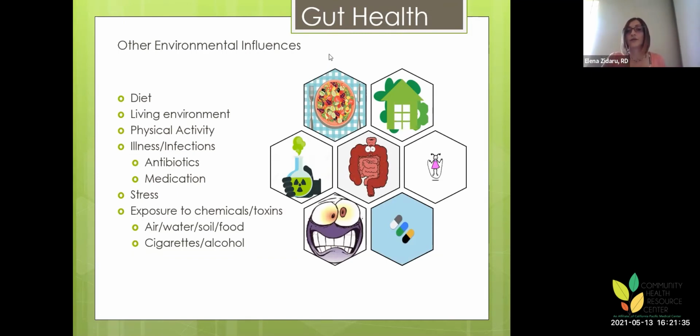And we have here a list with other environmental influences like diet, living environment, as I mentioned, physical activity, illness, infections, antibiotics versus medication, stress, and then exposure to chemicals and toxins.